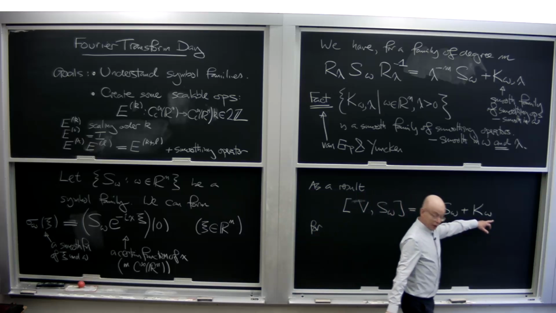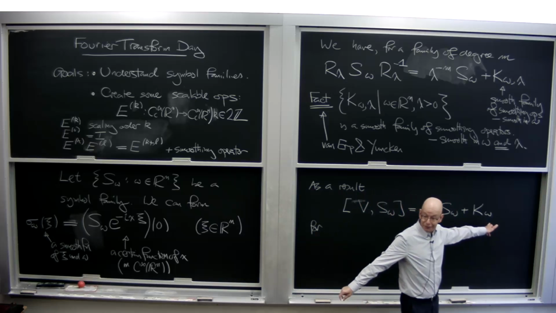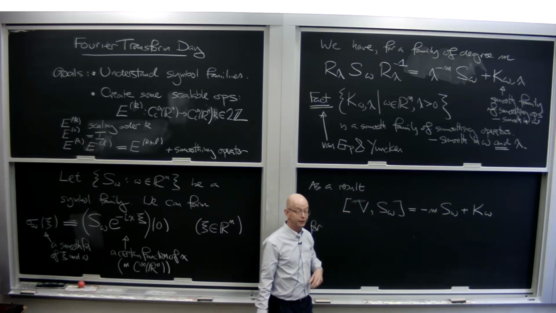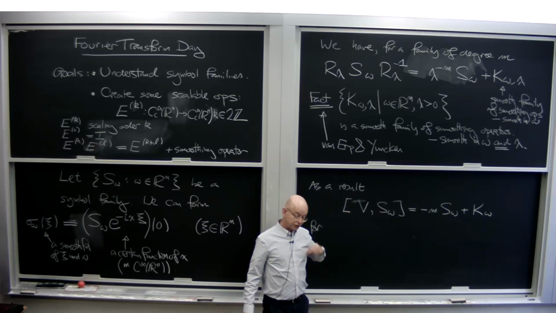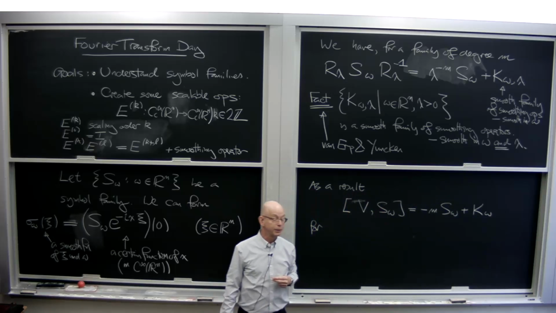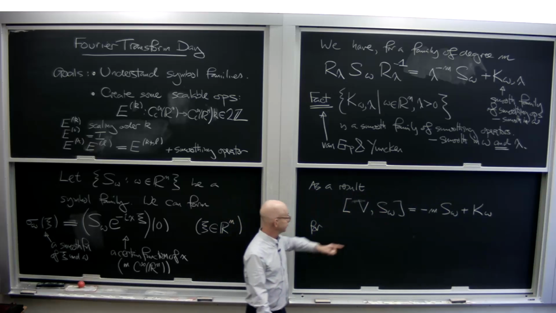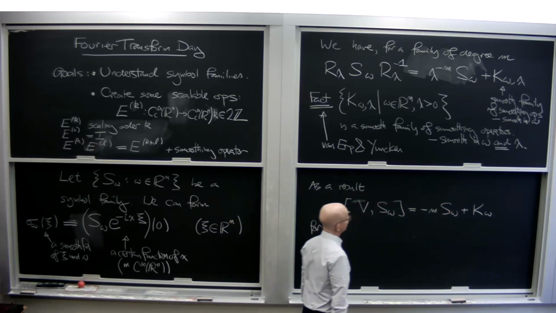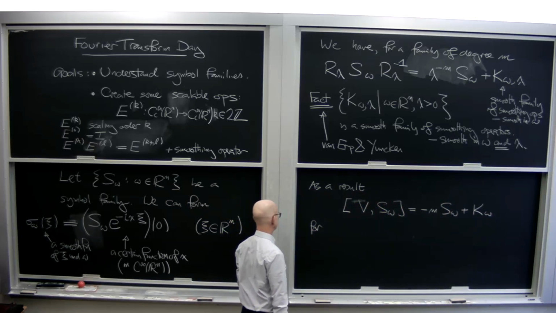And these Ks which don't have a lambda, this is some new family of Ks, which you get by differentiating the old family of Ks with respect to lambda, and then setting lambda to e to the t. So you're really differentiating with respect to t, and then setting t equal to 0. So that's what the K omegas are. They're the derivatives of this family in lambda equals e to the t, at t equal to 0.